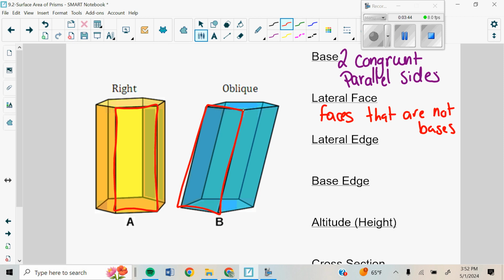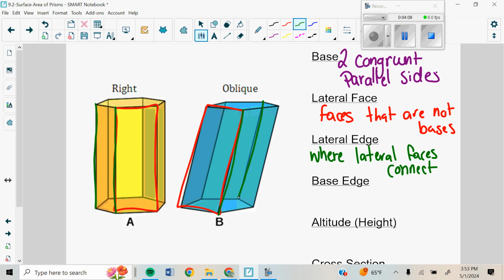Okay, a lateral edge is going to be where the lateral face connects. So where lateral faces connect. And so these will be like on the sides here. These pieces are lateral edges. These are where these faces are connecting to each other.